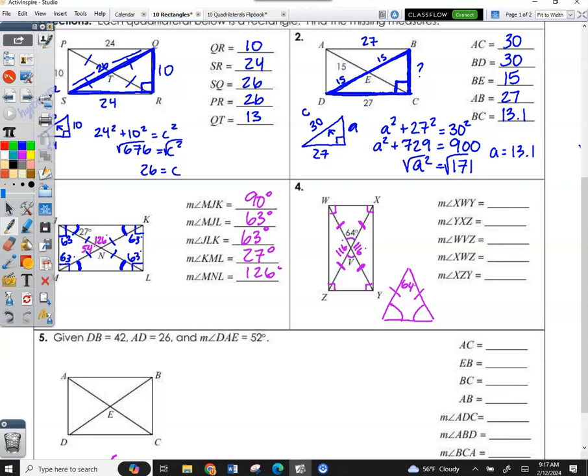So how much are we working with? 116. So if we have 116 total and the two angles left have to be equal, what do I do with 116? Divided by 2, and what do you get? 58. So this is 58, and this is 58. Now you've got enough to figure out that other little angle, and then they all fall into place. Okay?